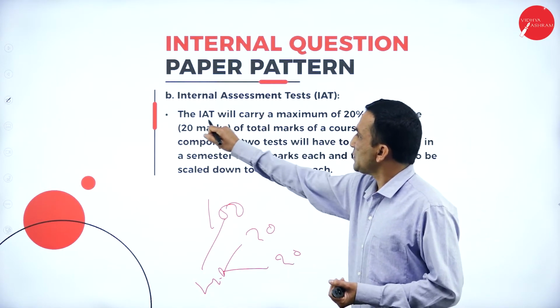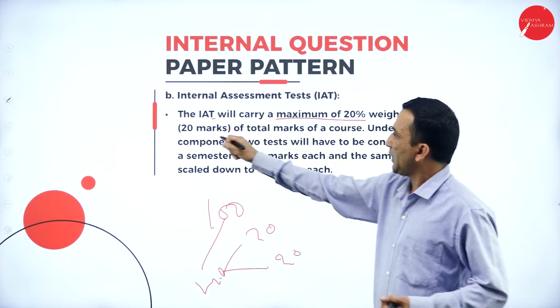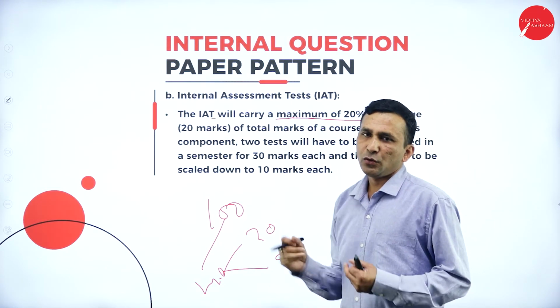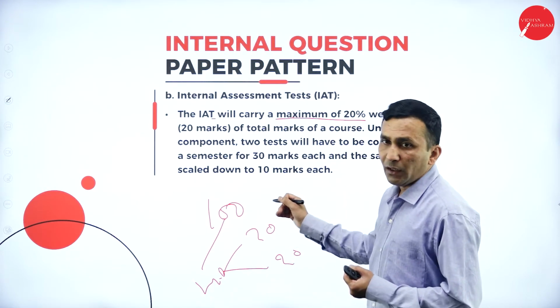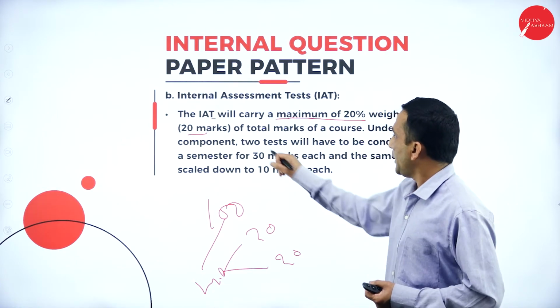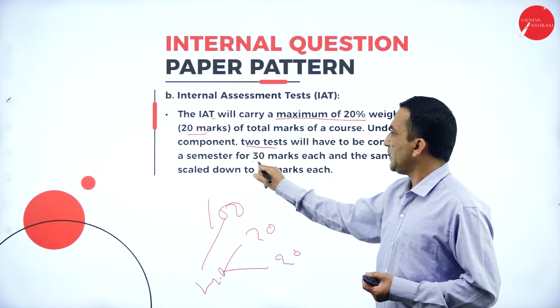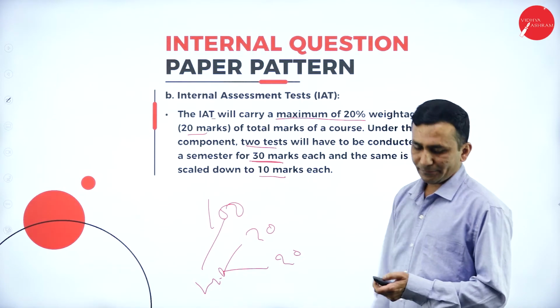How do we get 20? Each test is conducted for 30 marks and scaled down to 10. 10 plus 10, 20, you get in the internal assessment. So 2 tests are conducted, each marked for 30 but scaled down to 10.